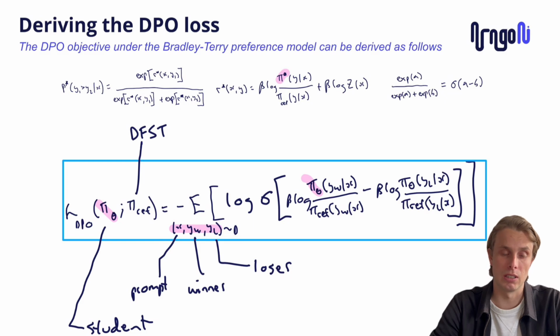So we're optimizing over the student model such that we rank these winning responses higher than the losing responses, YW greater than YL, according to the Bradley-Terry formulation of the preference model. So let's now dive into the derivation of this loss function.